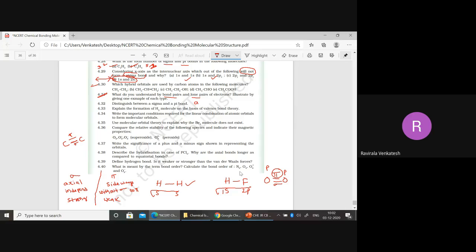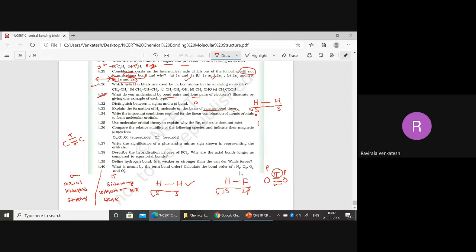Now explain the formation of a hydrogen molecule based on valence bond theory. For this one, we'll see hydrogen and hydrogen. In hydrogen, s orbital. So what type of overlapping is taking place? Sigma s-s overlapping. Correct?